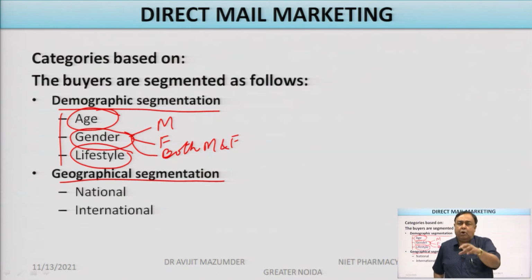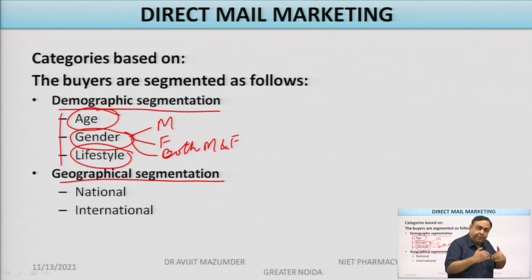The requirement of the people in the United States, the requirements of people in the Asian countries, the requirement of people in India, and that too in India among the different regional sectors, that varies.